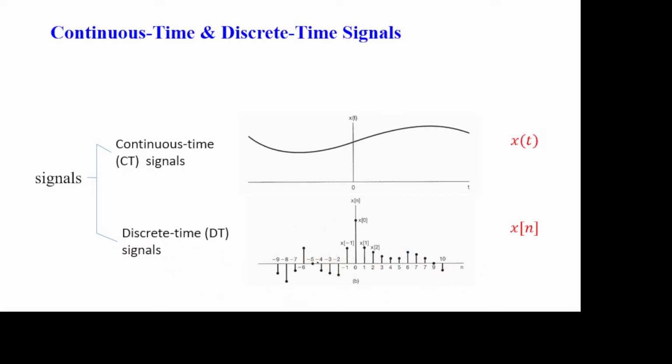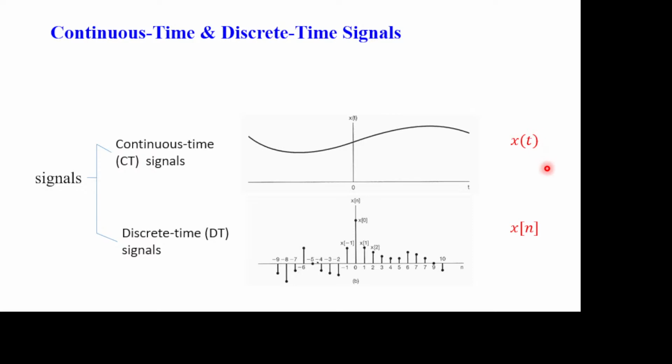Okay? So when we talk about discrete time in this course, the times are always integer values. So the spacing is always 1. And the notation we'll use will distinguish between continuous time and discrete time by the parentheses.